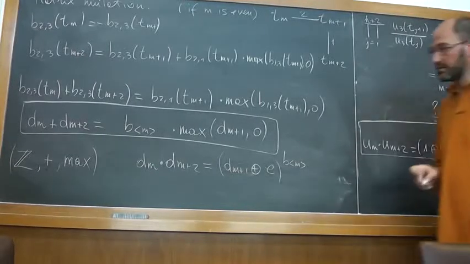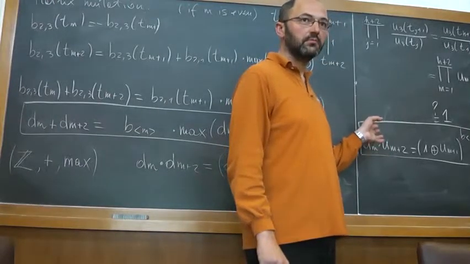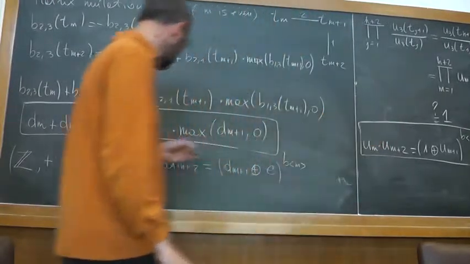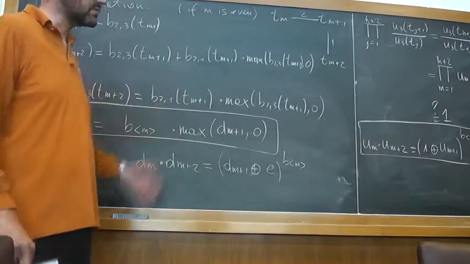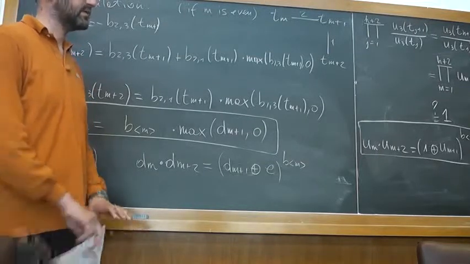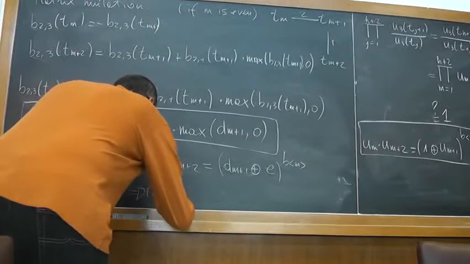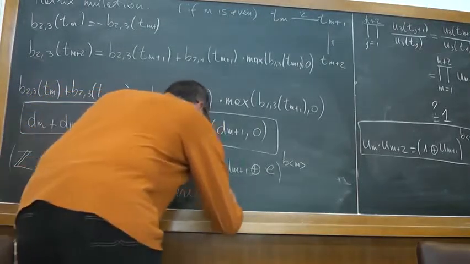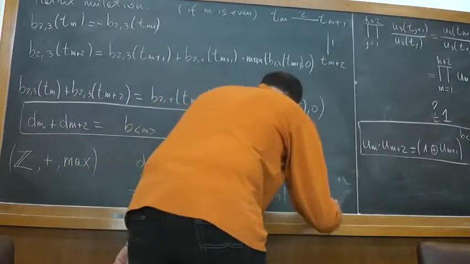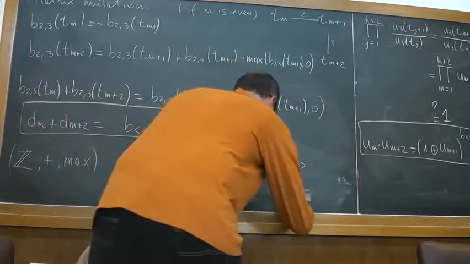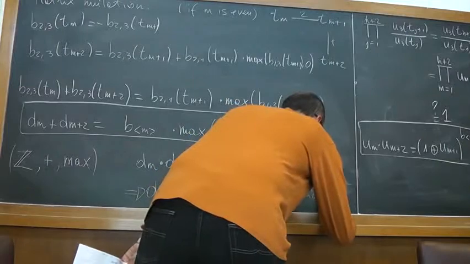So for any semi-field structure, this implies that also the Dm are periodic, because they satisfy this recursion with respect to a semi-field structure on Z. So Dm are periodic, of period H plus 2.